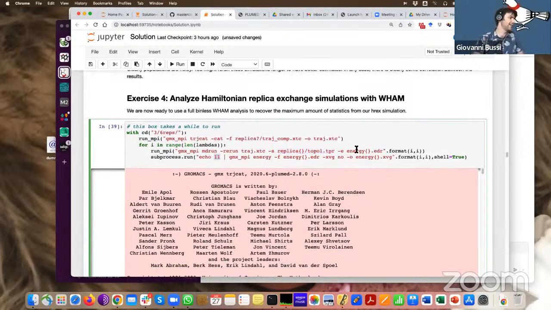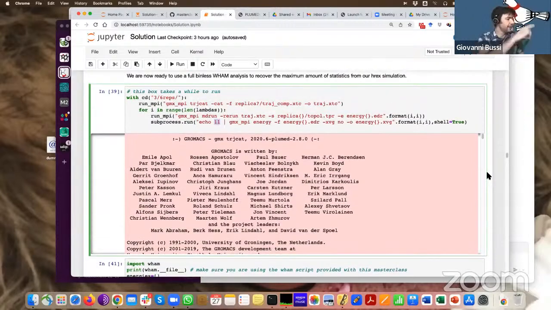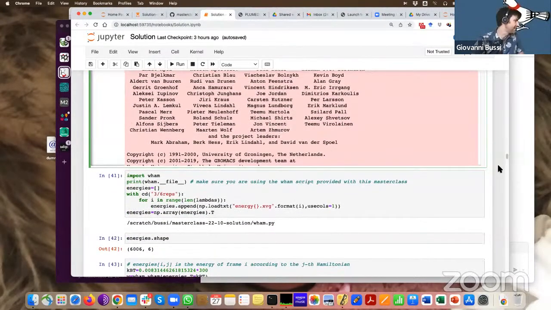And then I'm just writing the total energy, equal 11. Hopefully the total energy is the right column. Actually, I'm not using it here, but there is a very nice tool called panedr that you can use to read EDR files into Pandas data frames. I didn't use it here because it was not installed in the masterclass environment, but I would recommend using that instead of using eco11 here.